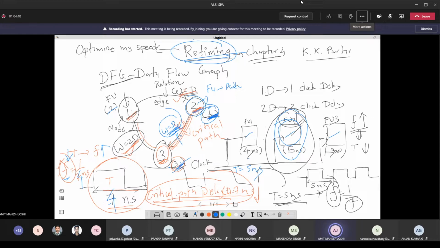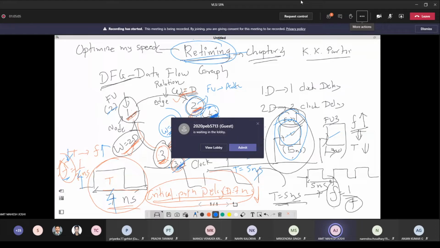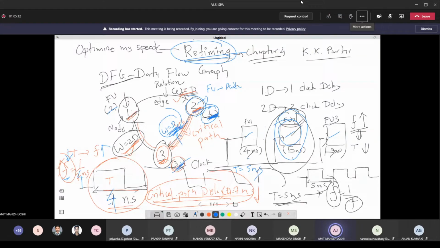So in the retiming concept, when I want to introduce a D at one particular edge, I cannot bring the D from outside. I need to take out a D from one of these other edges. What I mean to say is that the number of delay elements in this particular loop should be the same.